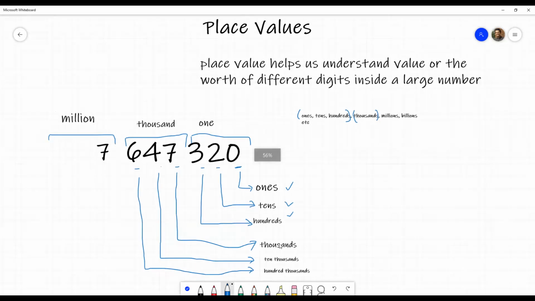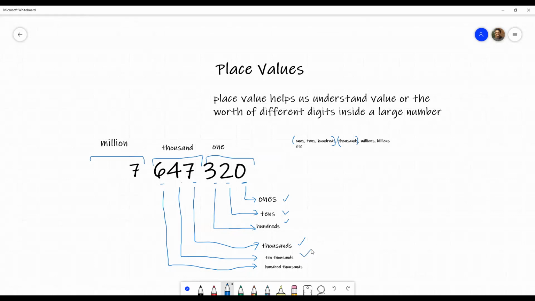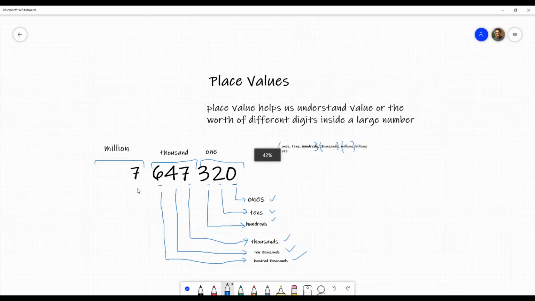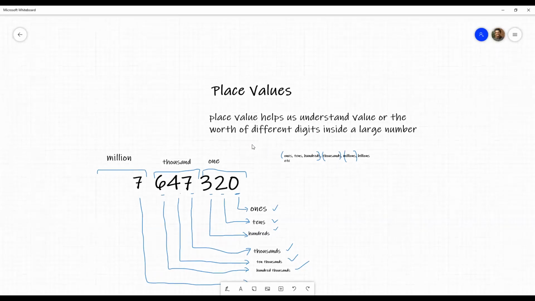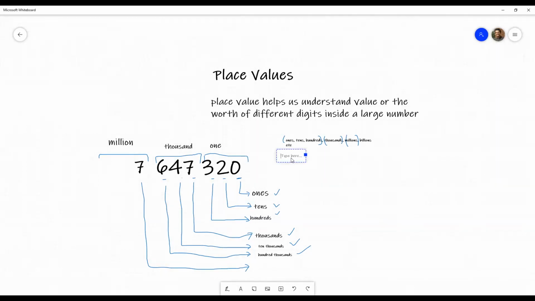In the thousand section, you get thousands, 10,000s, 100,000s, and then starts the million section. This is the million section.